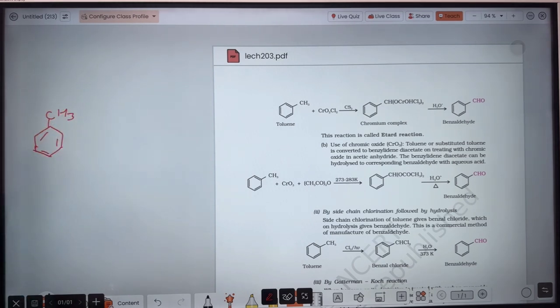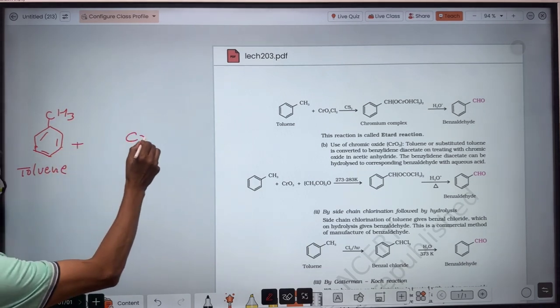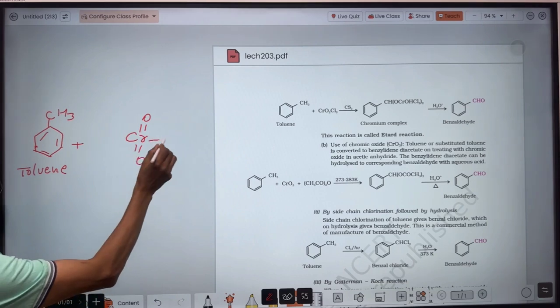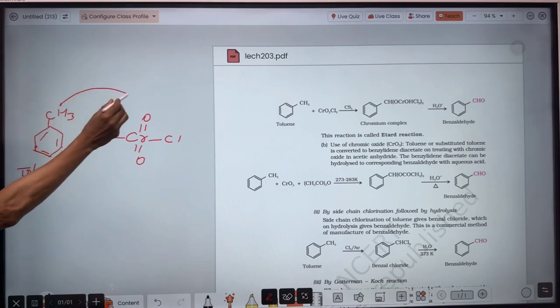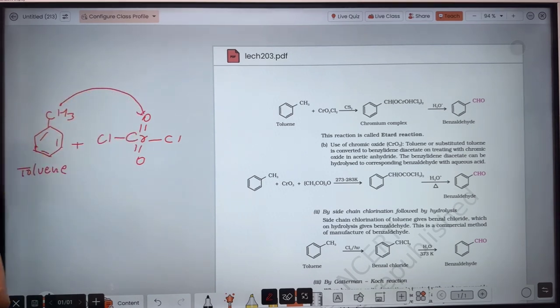When a methyl group is bonded to benzene, that is called toluene. That will react with chromyl chloride. The structure is like that. Here, due to hyperconjugation, hydrogen is released from here very easily, so that will bond to one oxygen atom.